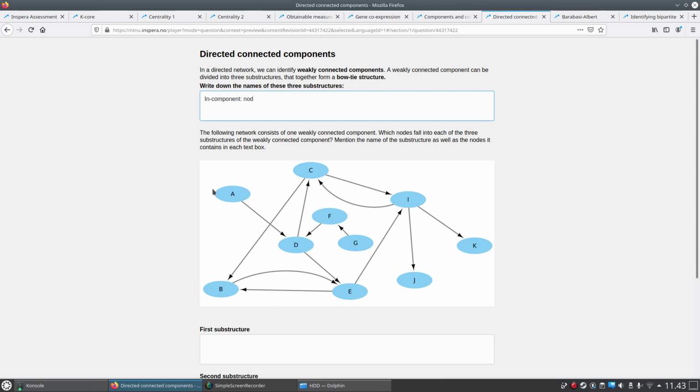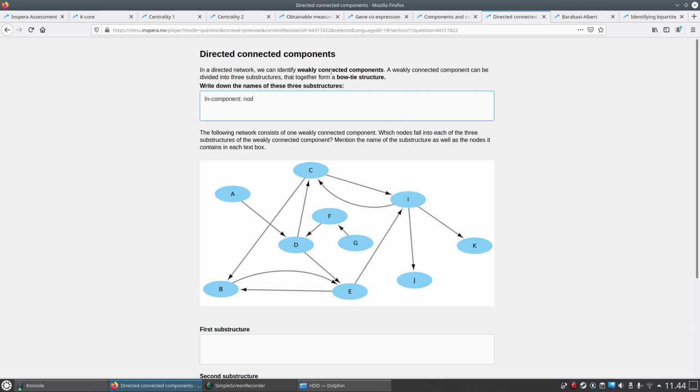So, for instance, if you look at this network here, if we were to turn this into an undirected network by keeping all the edges but removing the direction, we would see that this forms a single connected component, and that would be the weakly connected component. That means this entire set of nodes forms a weakly connected component, because if we map it over into an undirected network, it also forms a single connected component.